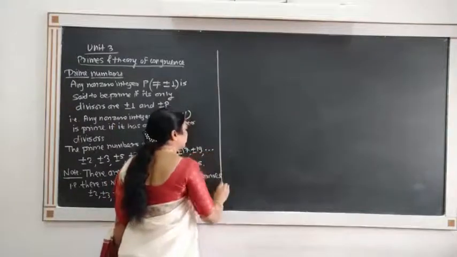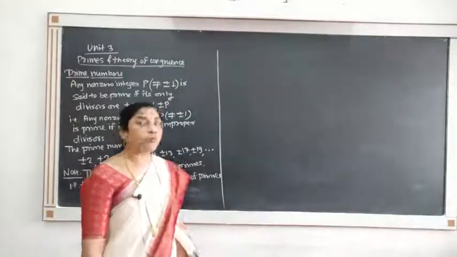So the numbers which are not primes are composite numbers.